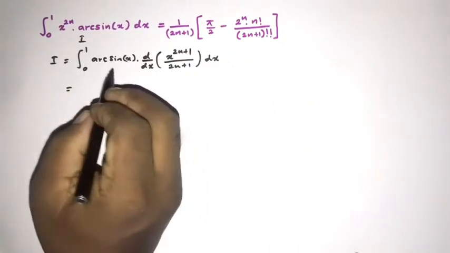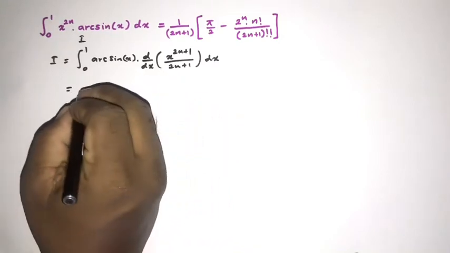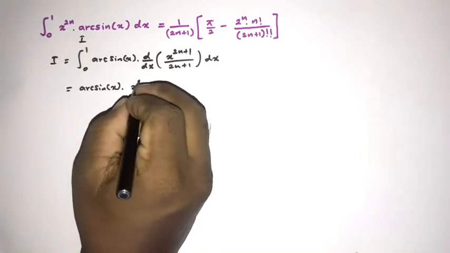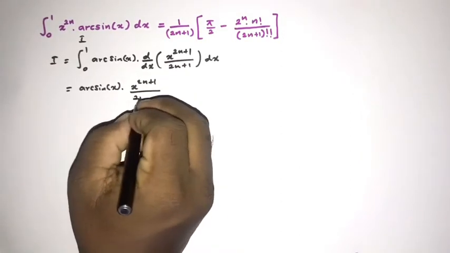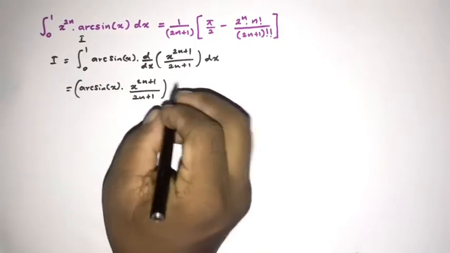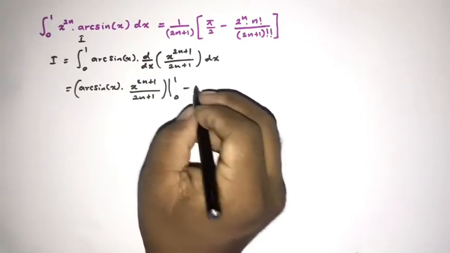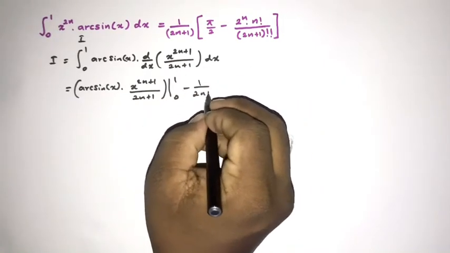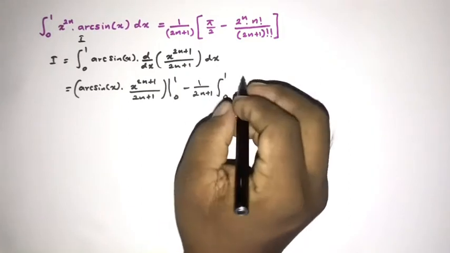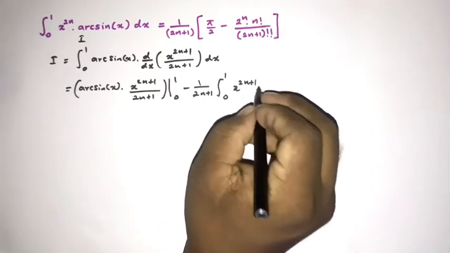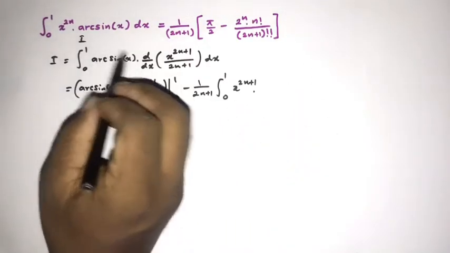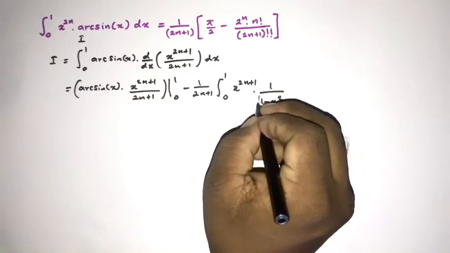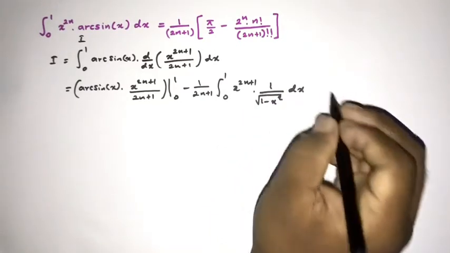Then we know the product of these two functions: arcsine of x times x to the 2n plus 1 over 2n plus 1 from 0 to 1, then minus, rewrite this function. So here 1 over 2n plus 1 integral from 0 to 1 x to the 2n plus 1 times, now the derivative of arcsine of x, we know 1 over square root of 1 minus x square dx.